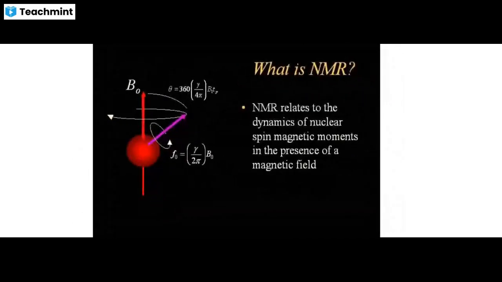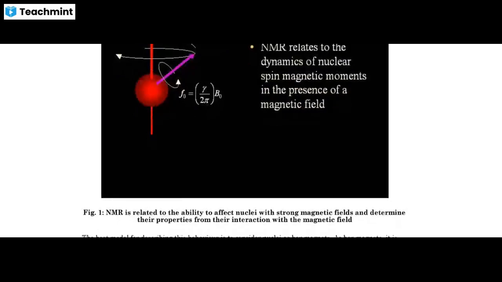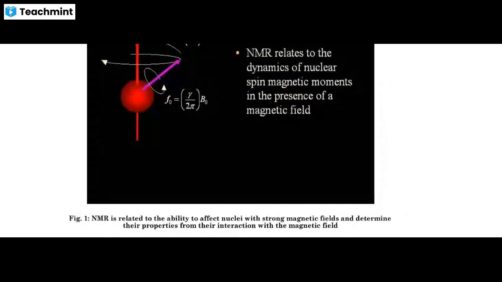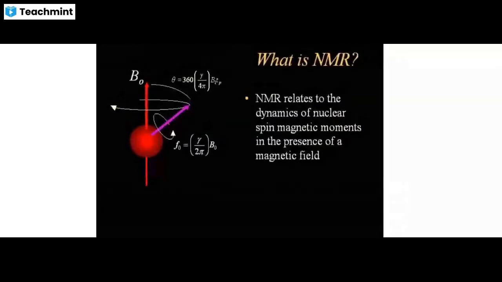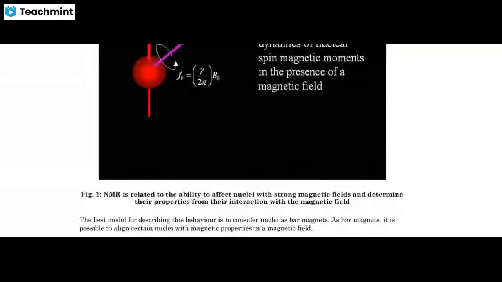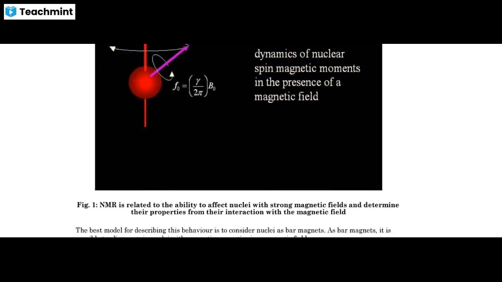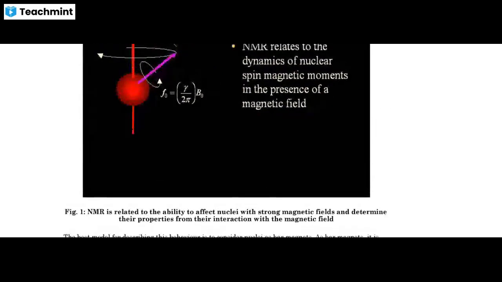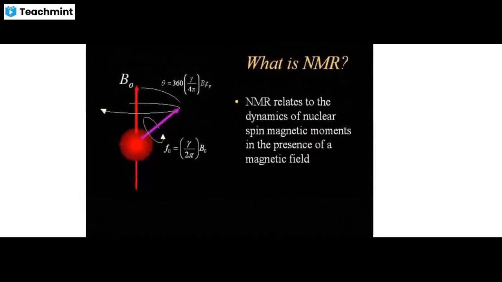So, what is NMR? NMR relates to the dynamics of nuclear spin magnetic moments in the presence of a magnetic field. That is the influence of the magnetic field, and you can see the diagram. NMR is the ability to affect the nucleus with a strong magnetic field and determine properties from the interaction with the applied magnetic field.